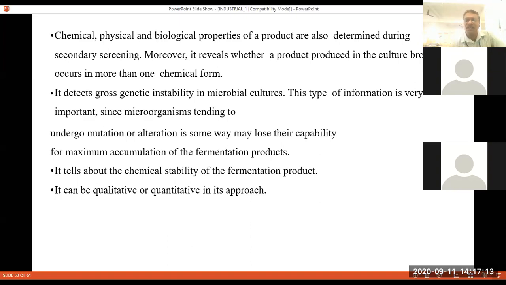The secondary screening gives both tasks: one is qualitative and the second is quantitative. The quality of your chemical and the quantity. Yes, I know very well that I am producing the XYZ chemical, and that chemical is used in pharmaceutical industries for manufacturing antibiotics.